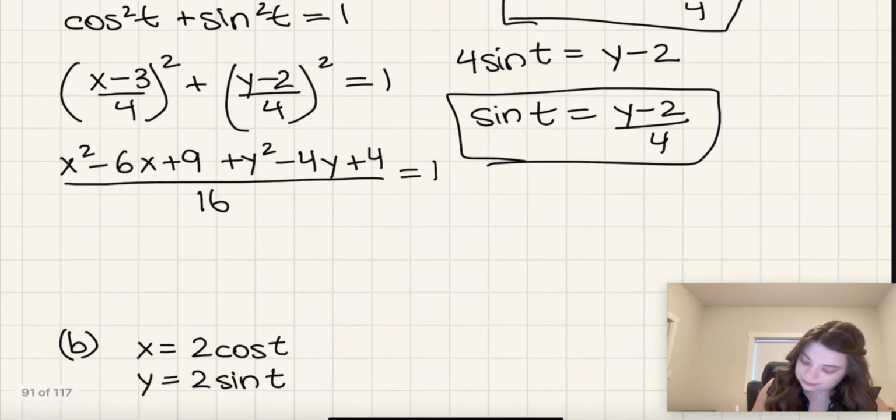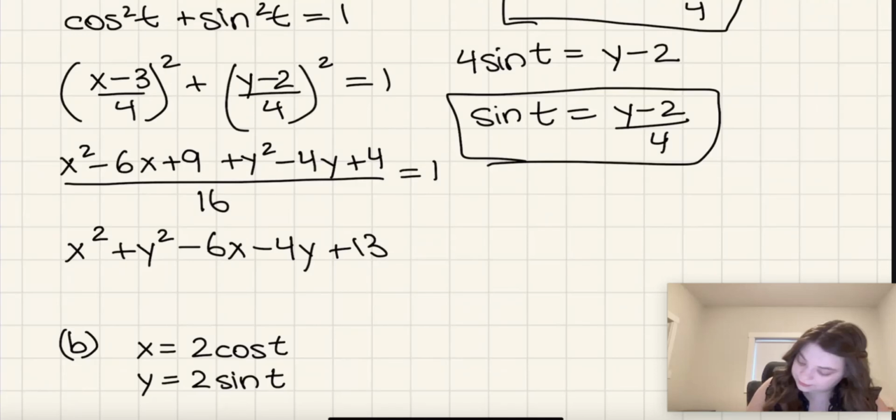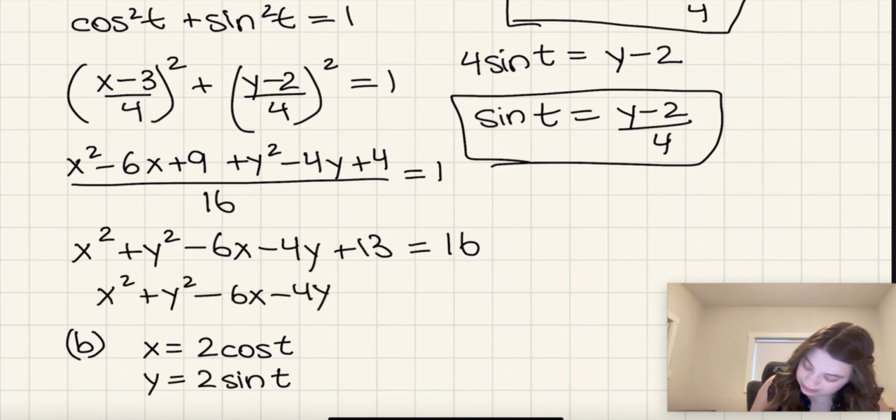And then if I simplify that further, we're going to get that x squared plus y squared minus 6x minus 4y plus 13, if we combine the 9 and the 4, is equal to 16. And then I suppose we can subtract 16 from both sides and get that x squared plus y squared minus 6x minus 4y minus 3 is equal to 0.